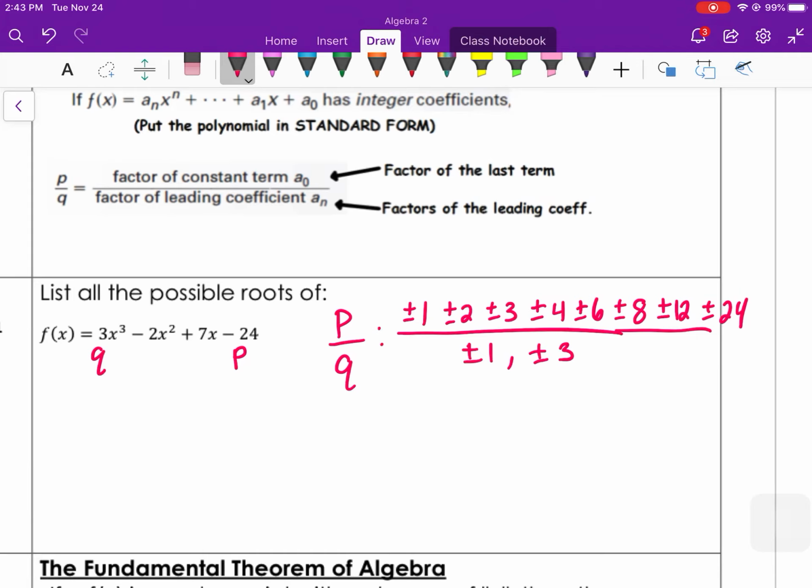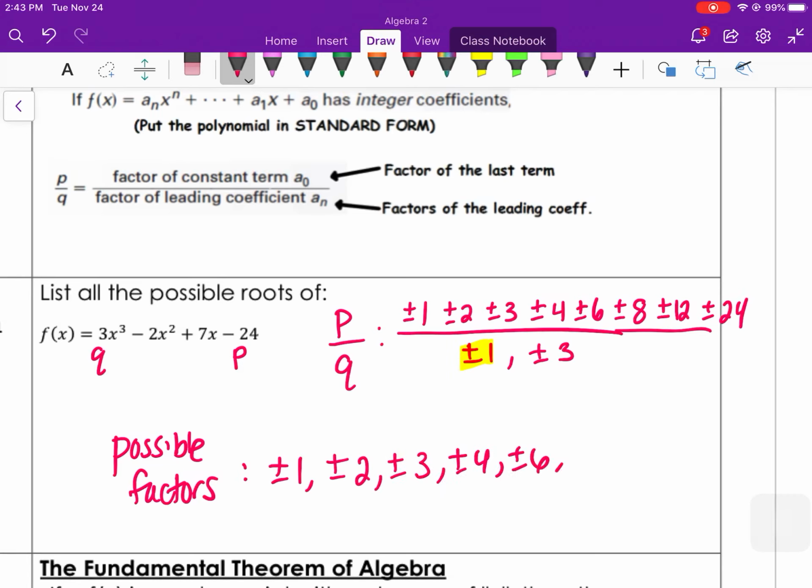And it's all the possible factors of P divided by Q. So first, if I divide all the top numbers by the 1, you're going to get all the possible factors, which are positive and negative 1, 2, 3, 4, 6, 8, 12, and 24.